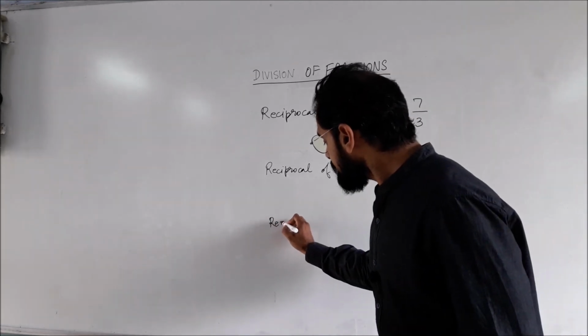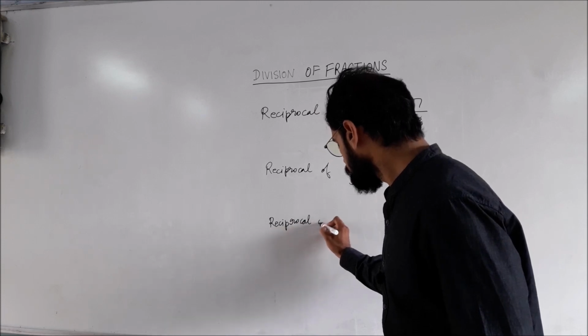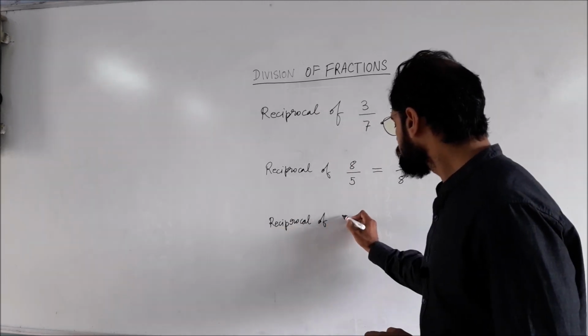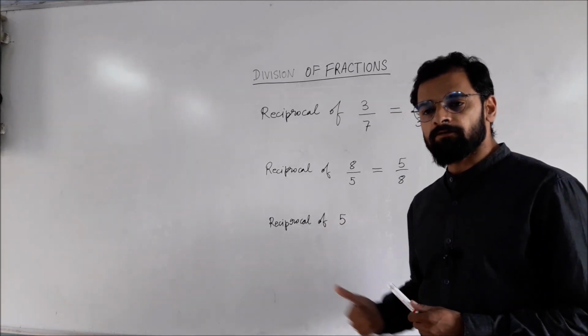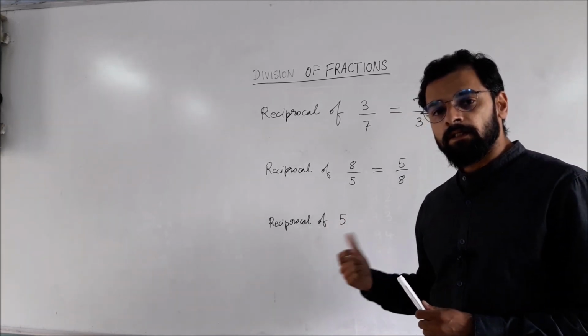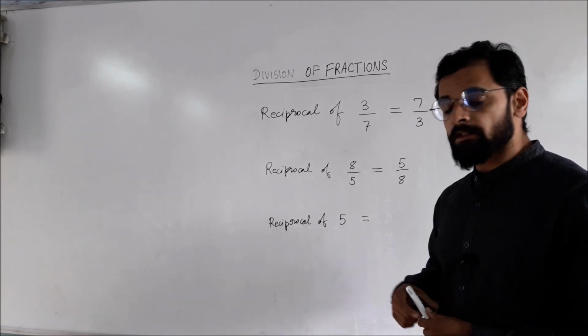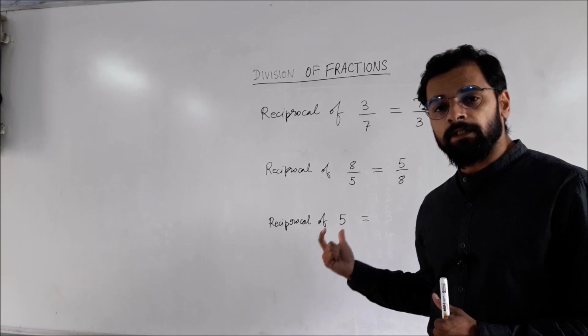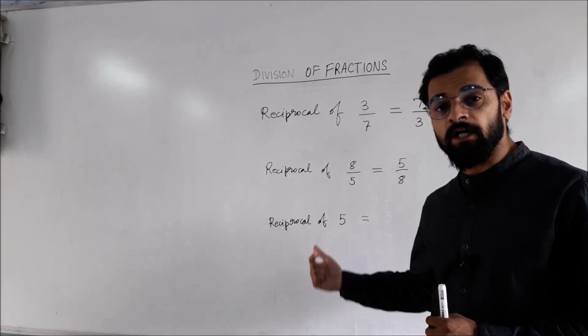We can also take the reciprocal of whole numbers. This whole number 5 is given, we want to find its reciprocal. In fractional form, this can be written as 5/1.